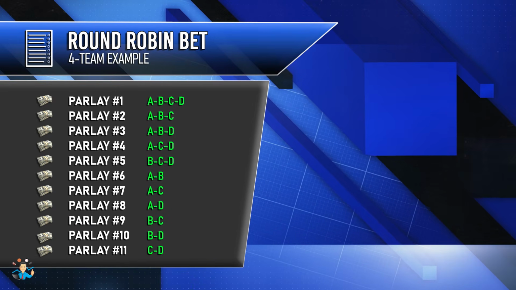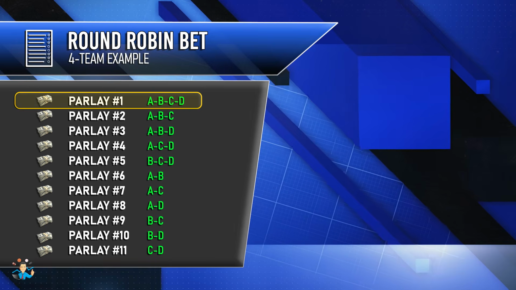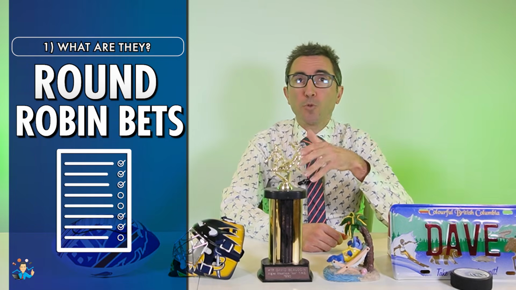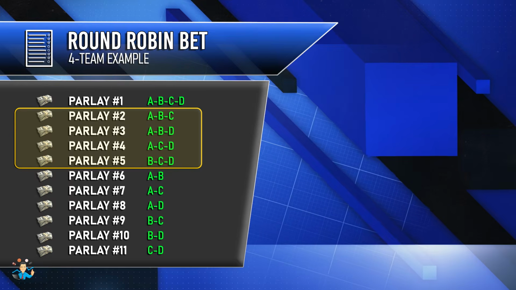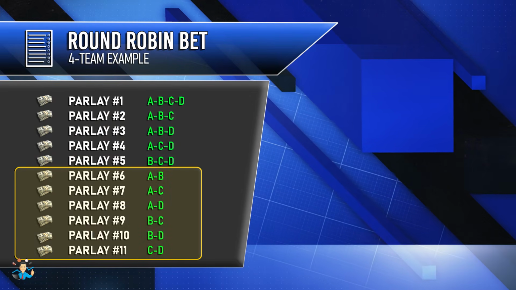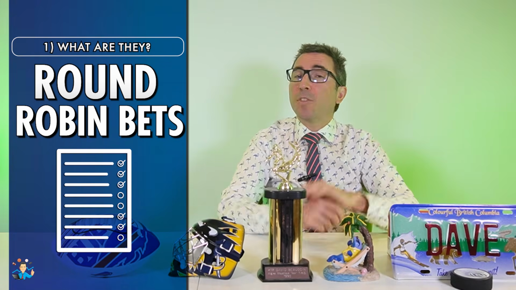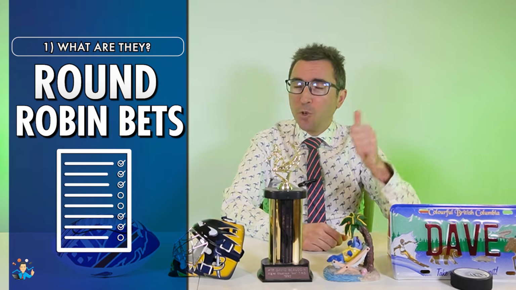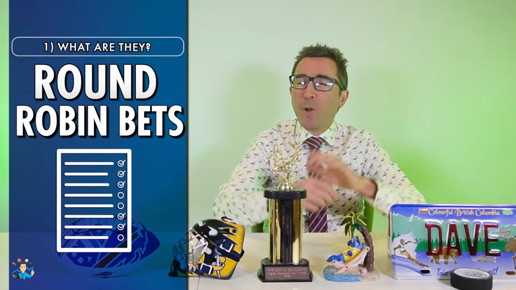For instance, the first parlay is the only one featuring all 4 teams. Then, parlays number 2 to number 5 cover all cases involving 3 teams, while parlays number 6 to 11 correspond to all possible 2-leg parlays. Does that make sense to you? Good! Let's keep the momentum going.